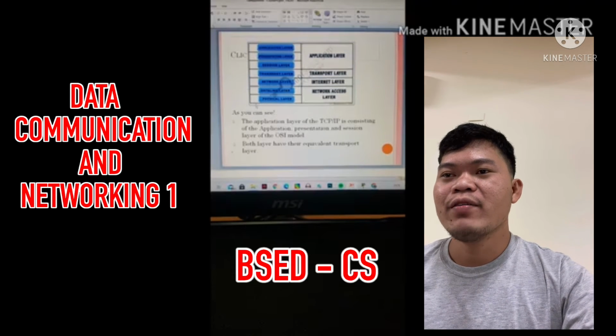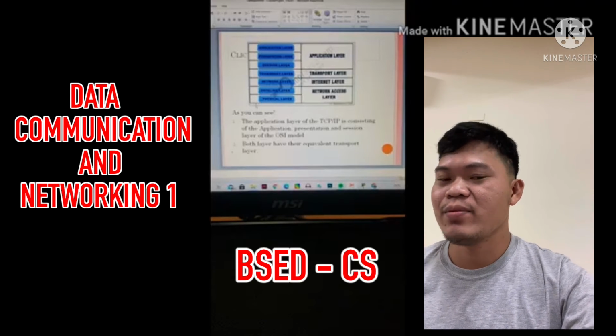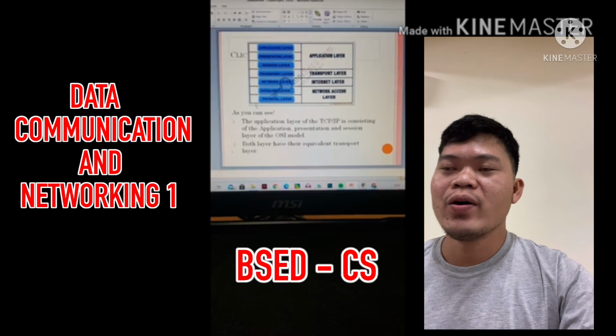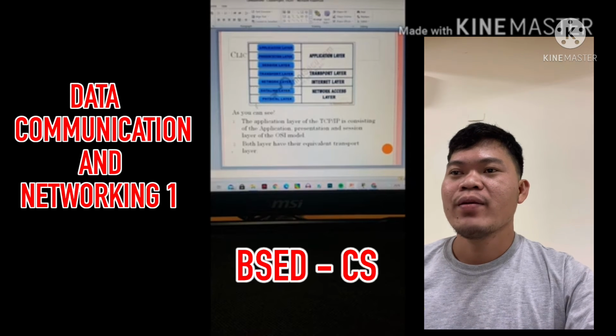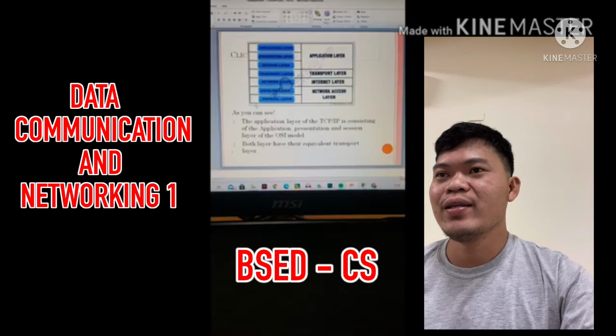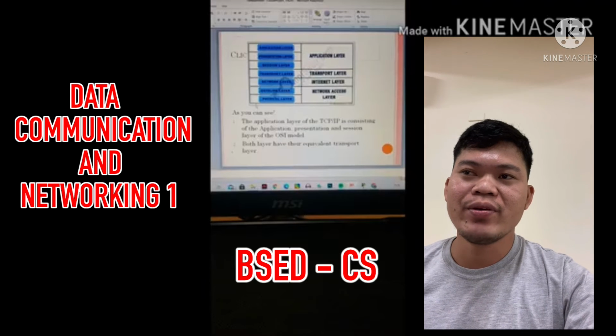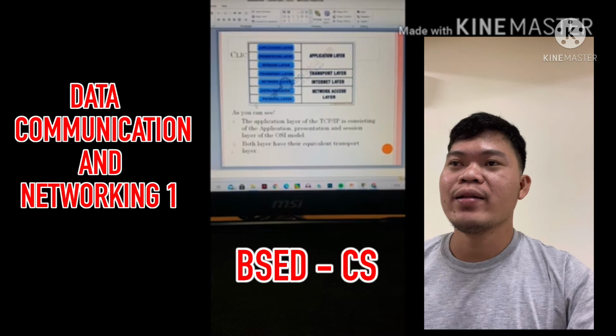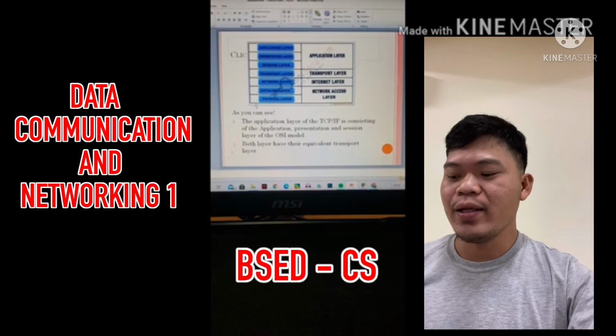Then we have the transport layers: the transport layer of the TCP/IP model and the transport layer of the OSI model are equivalent. And of course, we have the network layer in the OSI model and the internet layer in TCP/IP. They are equivalent.